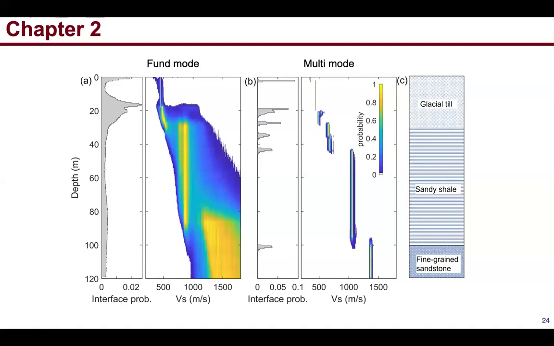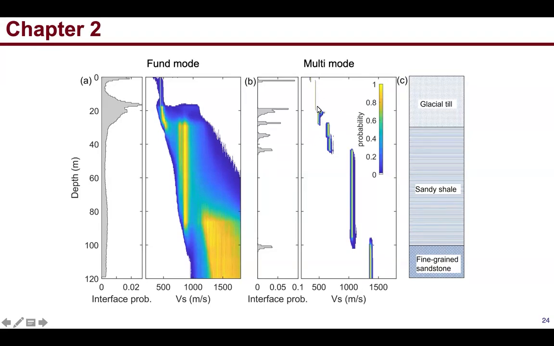And this is the inversion result. We conducted transdimensional inversion on the fundamental mode and the higher order modes. The left figure is the fundamental mode inversion result, and the middle figure here is the result of the multimode dispersion curves.